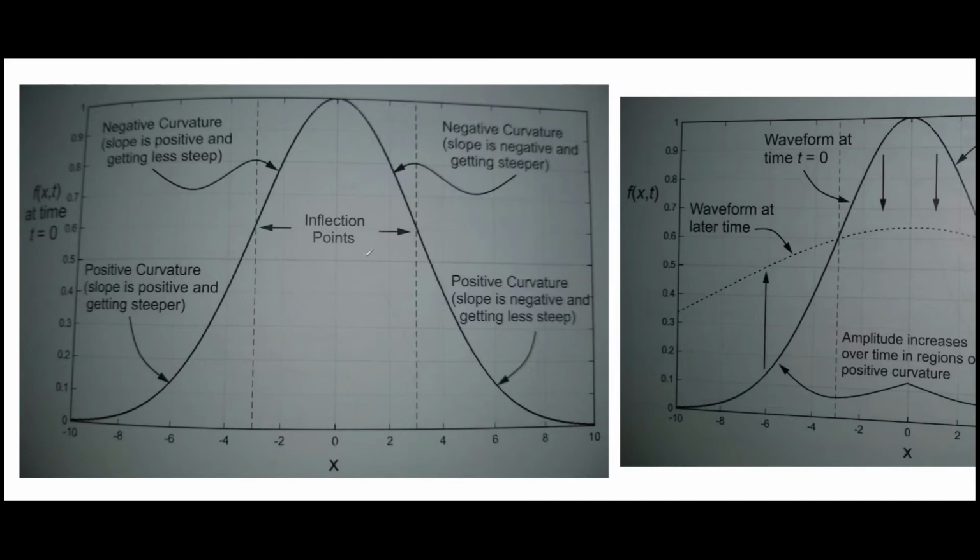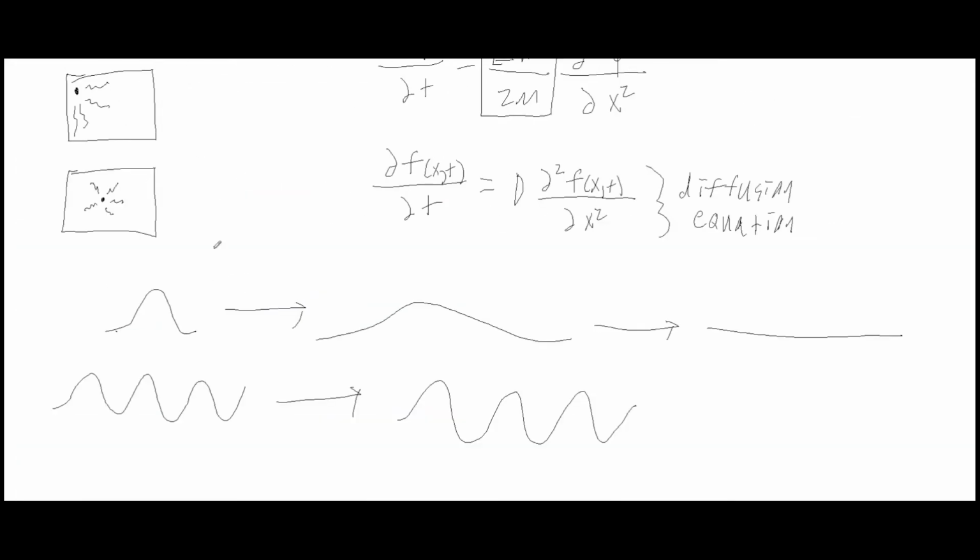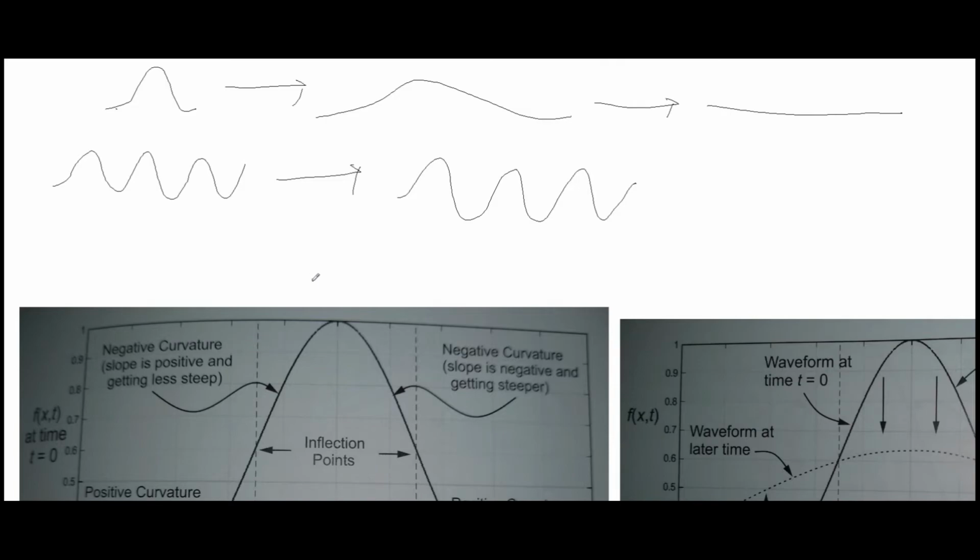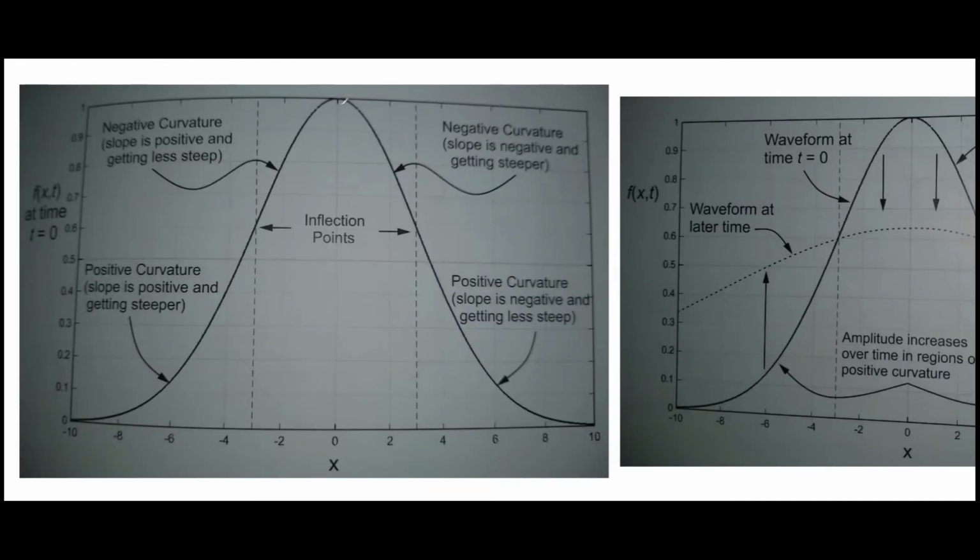So if we think of this as a one-dimensional tank of water, we have the water in here, and we apply the food dye right here. So this is the diffusion of the food dye.